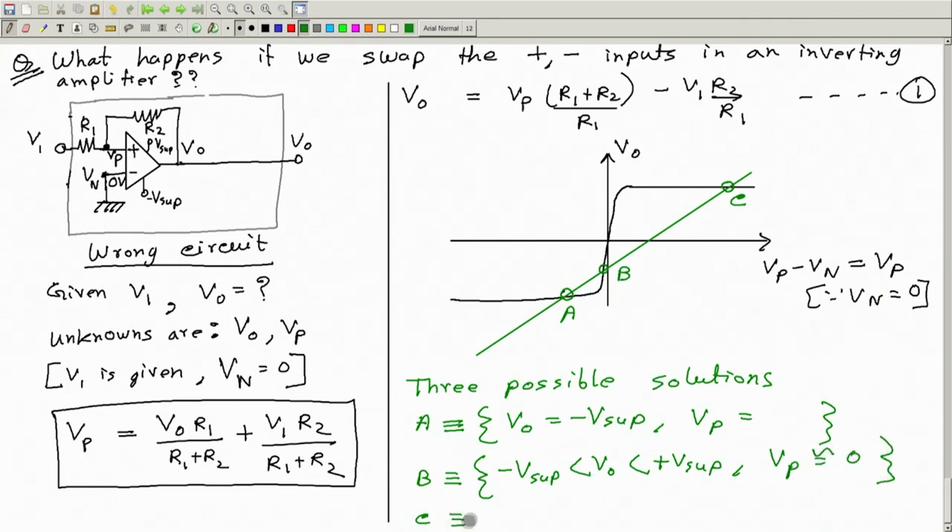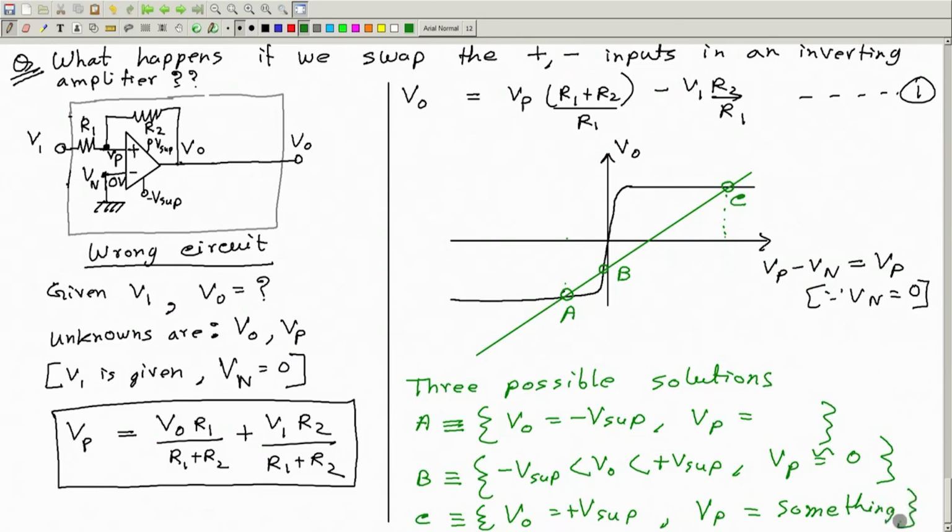And for point C, we will have Vo equal to plus V supply, and Vp is again something. If you drop a vertical line, this will be the value of Vp. Once again, for A, if you drop a vertical line here, this will be the value of Vp.